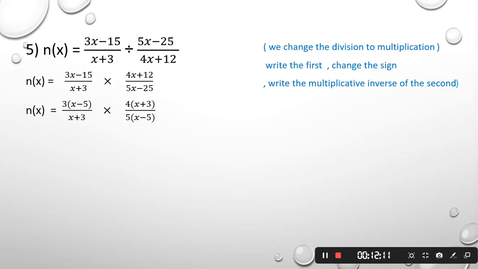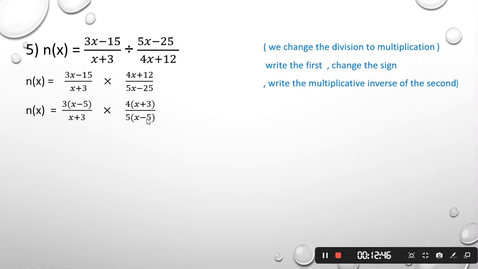Yes, pay attention. When we find the domain now, we look at the first fraction and find the domain by looking at the denominator only. But the second one, I will look up and down because here is the multiplicative inverse. The domain of the multiplicative inverse is R minus the set of zeros of each of the numerator and the denominator.